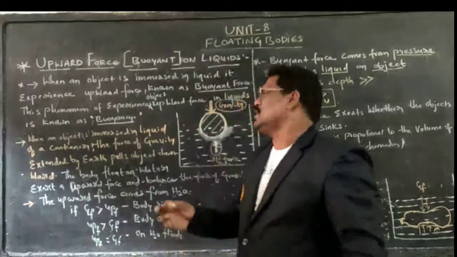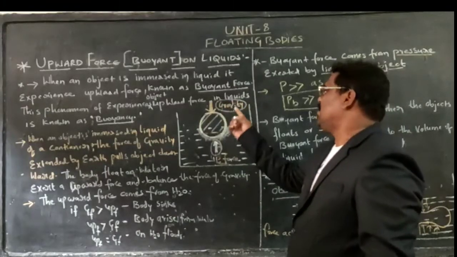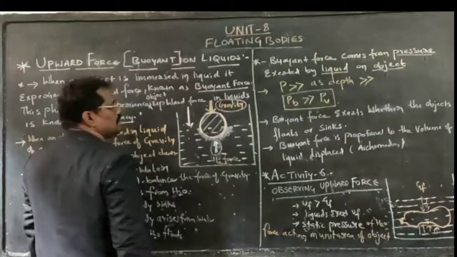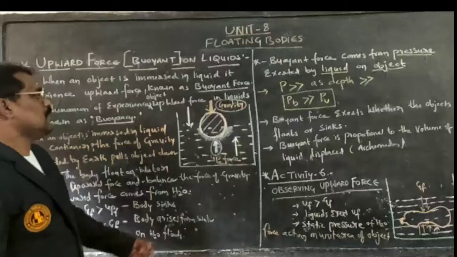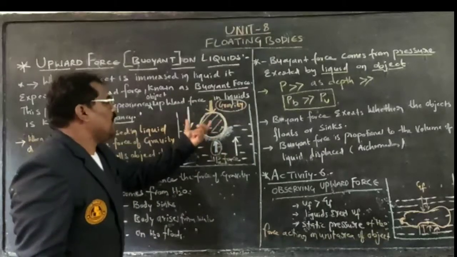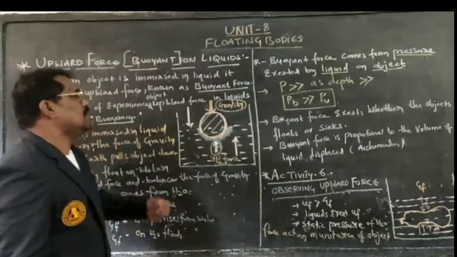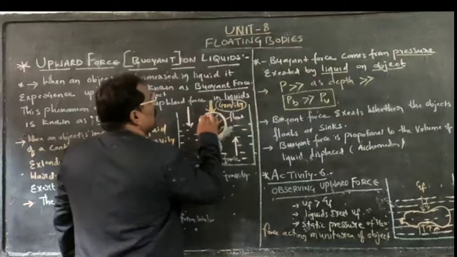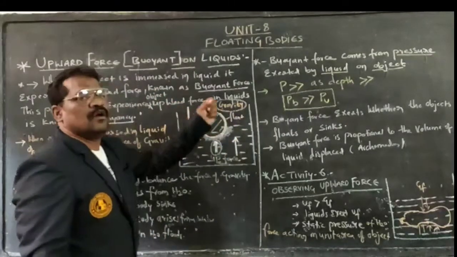The gravitational pull balances with the upward force. In what direction is the gravitational pull acting? Downward. The upward force is acting in the upward direction. Due to these equal and opposite forces, the object floats on the surface of the water, or it is partially immersed in water and floats on the surface.